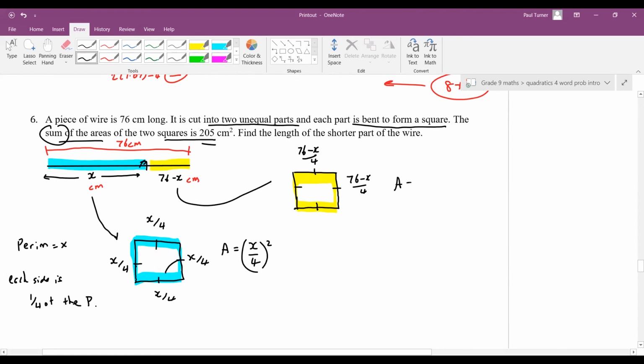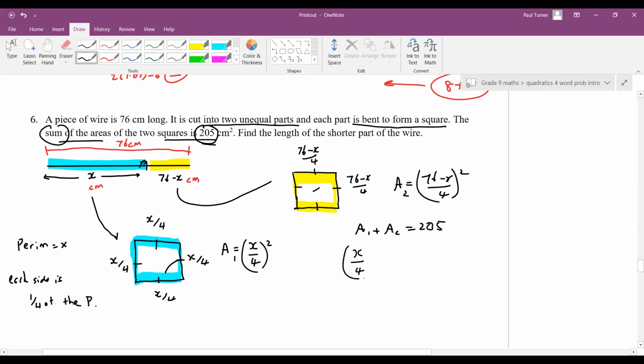This area would be 76 minus X on 4, also squared. That's the area of this square here, okay? And it says the sum of the areas is 205. So now we have to add these 2 areas. Let's call that area 1, area 2. So area 1 plus area 2 will be 205. So we just substitute the two areas.